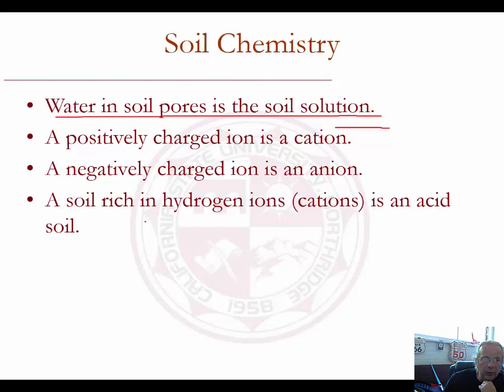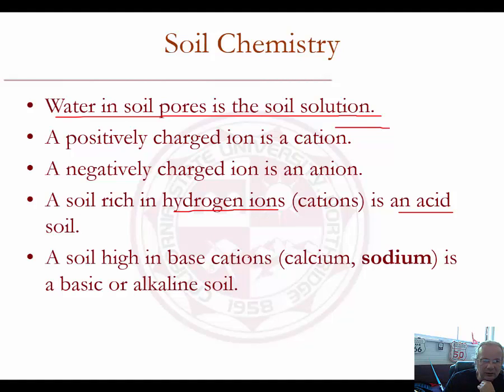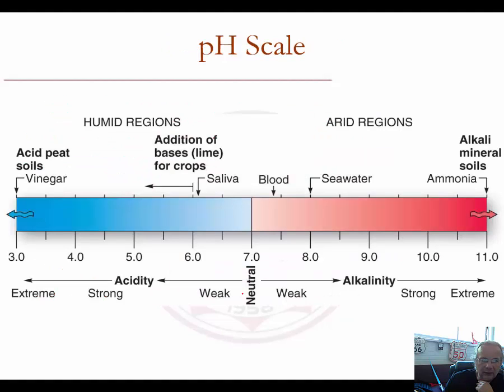Here is the important part. The soil that has a lot of hydrogen ions in it is an acidic soil, and a soil with a lot of base cations, calcium and sodium, is basic, or we usually talk about alkaline or alkali soils, particularly here in California. Here's the pH scale.